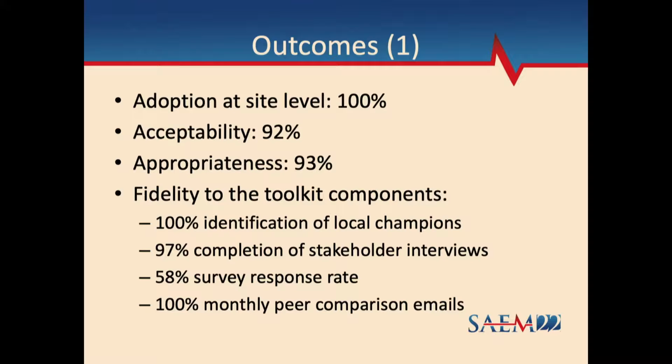We were able to complete almost all of the stakeholder interviews. I will point out that LA County is huge, and it took a lot of driving to get to all of our sites. So we got most of it done. And then we had a decent survey response rate at 58%. And then email being as it is, we were able to complete those on a monthly basis to all the sites.